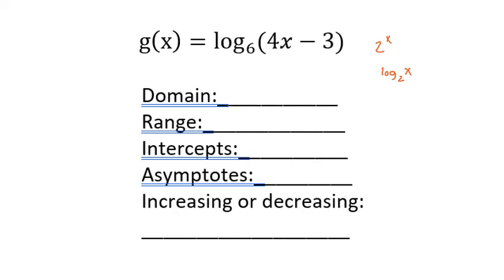And this is because these functions are inverses of each other. So if I do, as an example, 2 to the log base 2 of x, this is going to equal x. Or if I do log base 2 of 2 to the x, then this is still going to be x. So I can use that to my advantage.